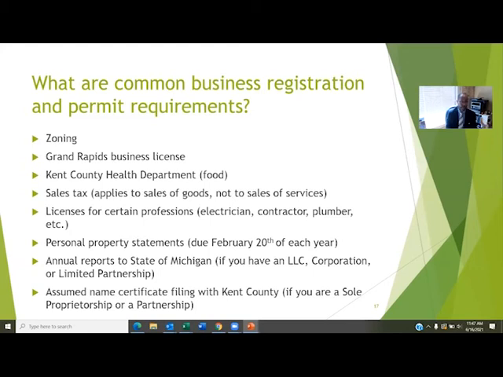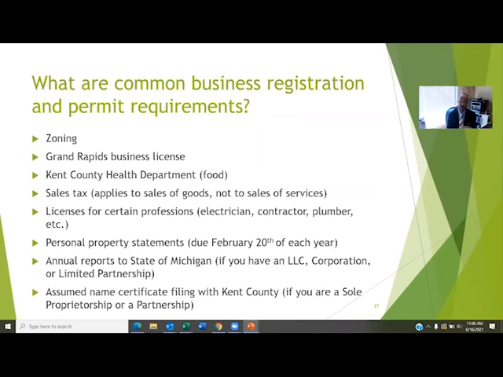It's very similar to houses too. There are some neighborhoods where you only see single family homes for a reason, because the zoning code doesn't allow for apartment complexes, for instance. But even more granular than that, there are certain types of businesses that cannot operate in residential zones or even certain commercial areas. There are industrial areas, things like that. So it totally depends on what kind of business you're operating, where you can actually operate from.